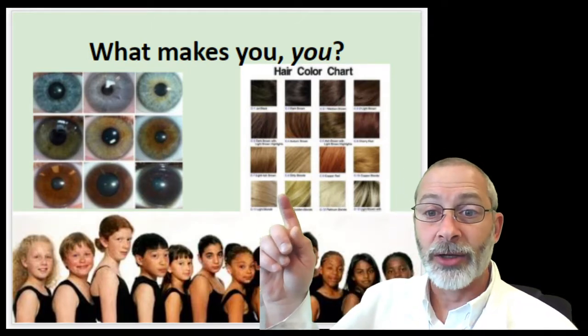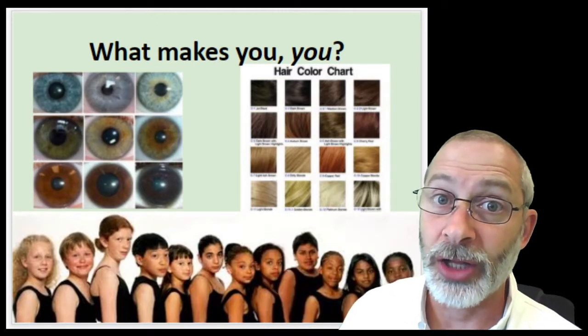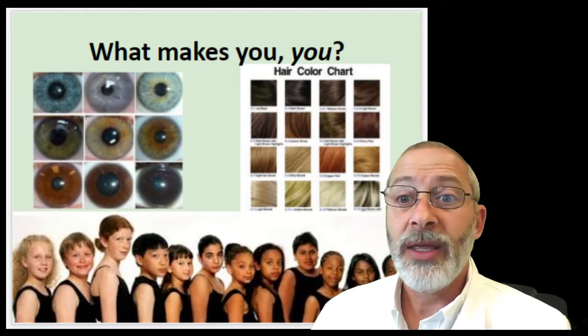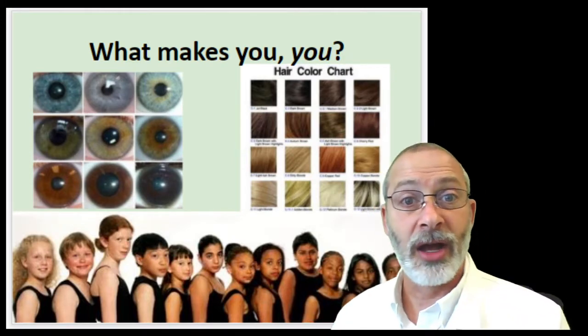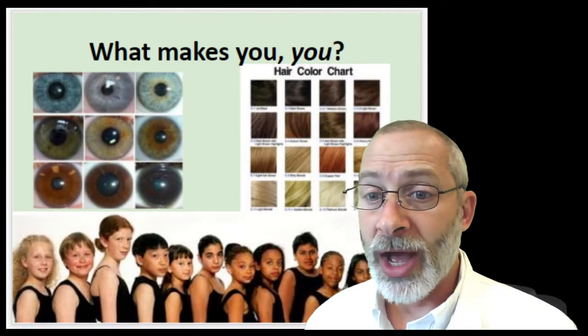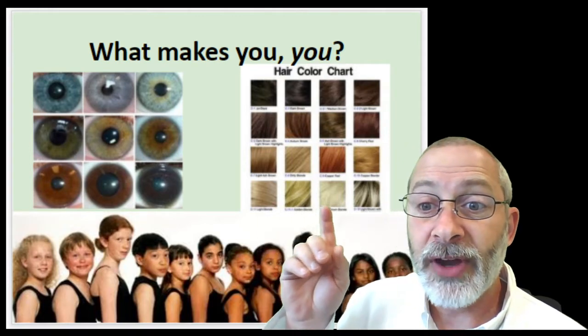What about hair color? Assuming you haven't changed the color using chemical dyes, what color is your hair? Your hair color is determined by your genetics. When I was younger, my hair was actually very blonde.